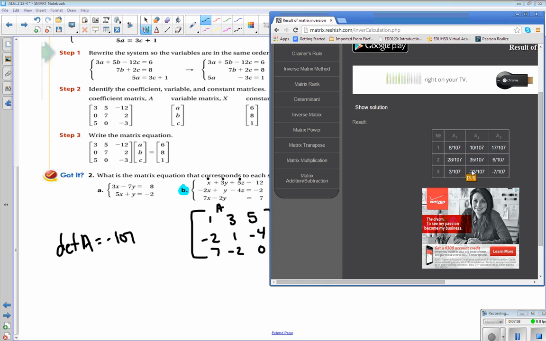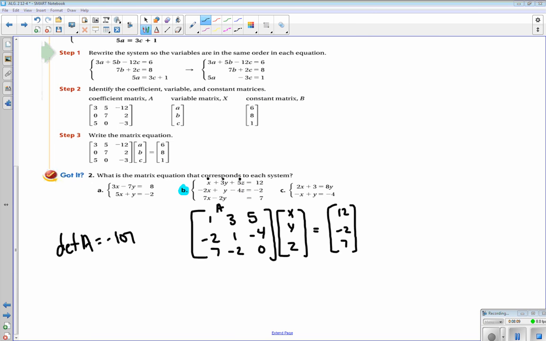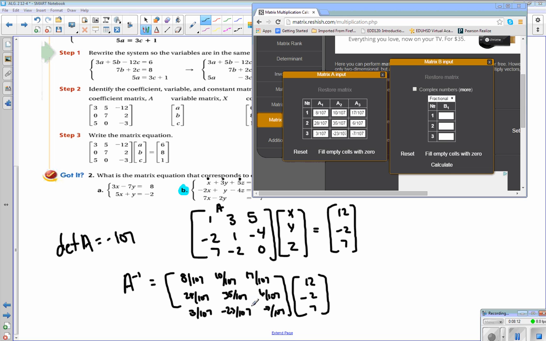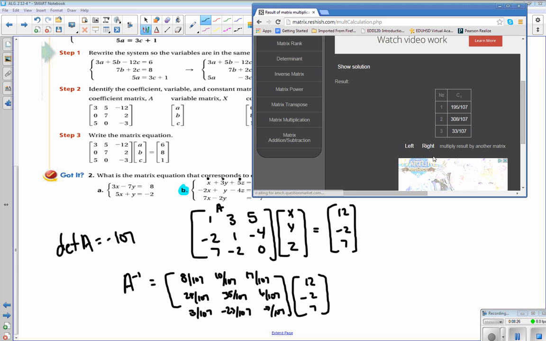There we go. Everything is divided by 107. So let's put that all down. I'm going to multiply this inverse matrix times my 12, negative 2, and 7, and the answer I get out is 195 over 107, 308 over 107, and 33 over 107.